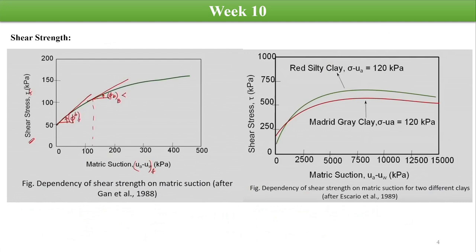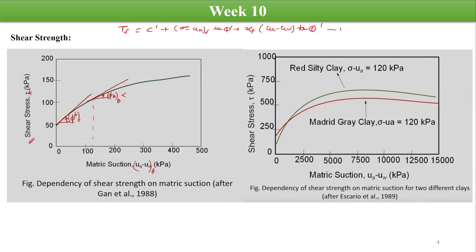Okay, going forward, we have previously studied the expression for tau f given by Bishop: c dash plus sigma minus ua f tan phi dash plus xi f times suction value tan phi dash.